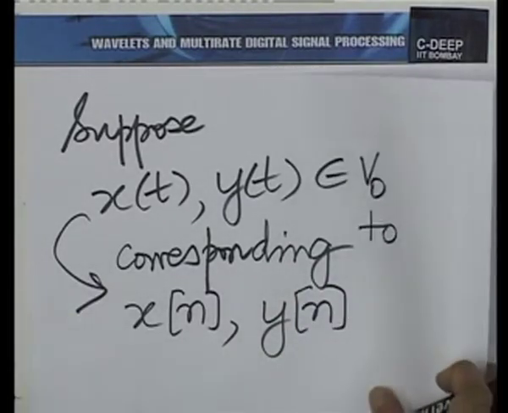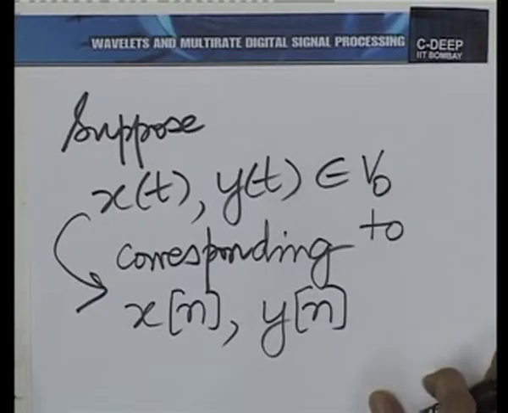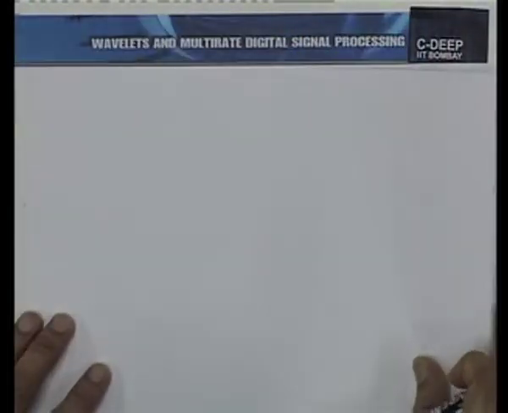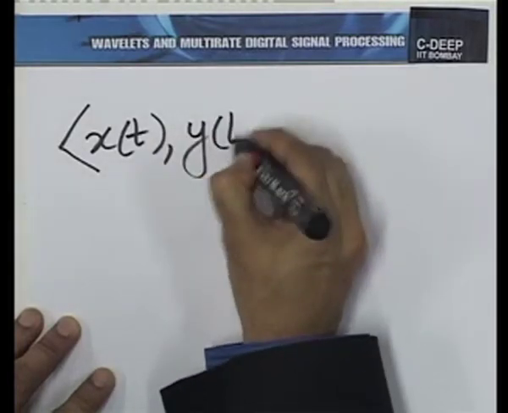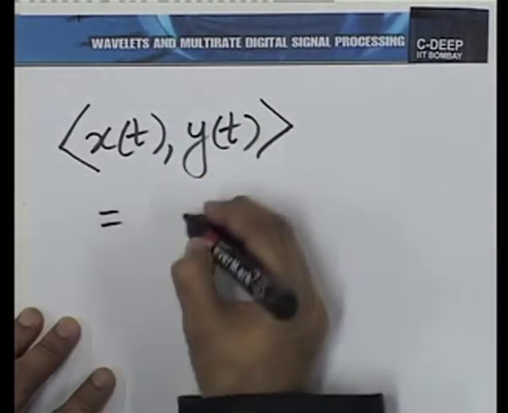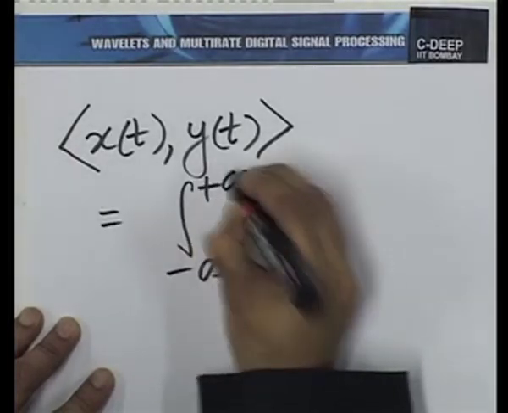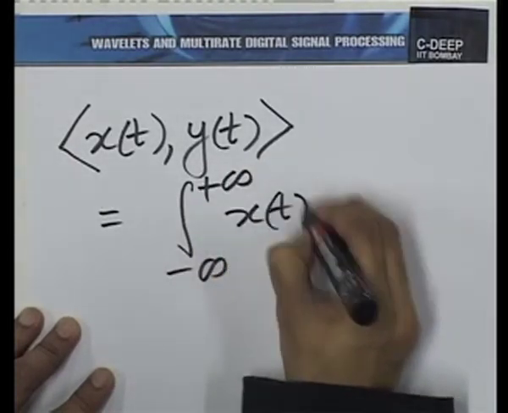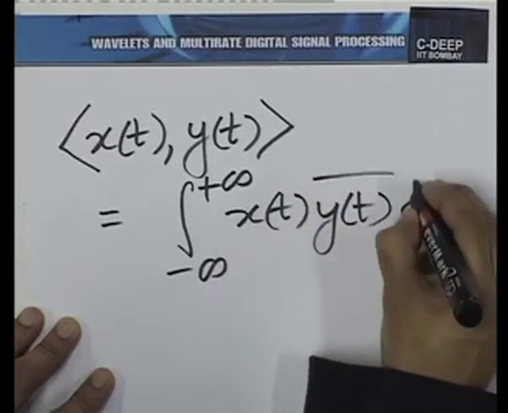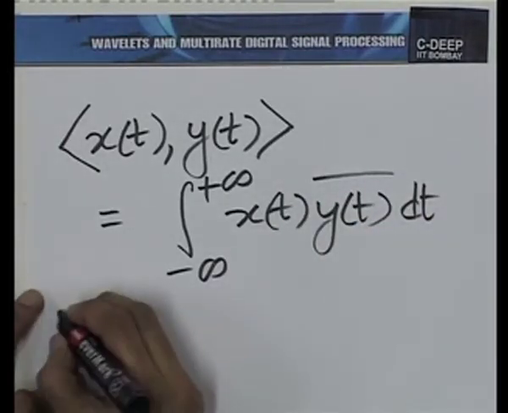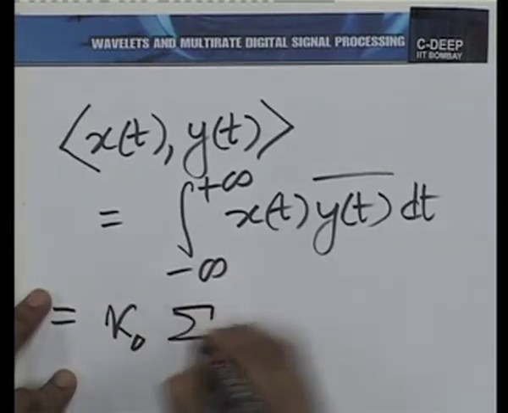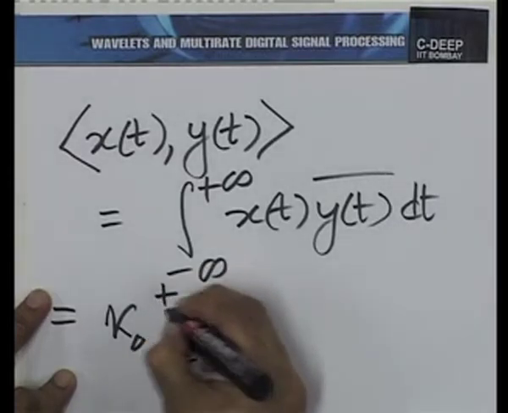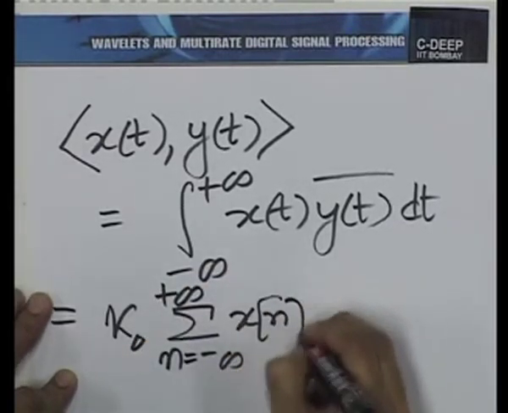Then the dot product, or inner product, of x(t) and y(t), understood on the continuous time axis, which is given by the integral from minus to plus infinity of x(t) y bar(t) dt, is some constant times the summation n going from minus to plus infinity of x[n] y bar[n].